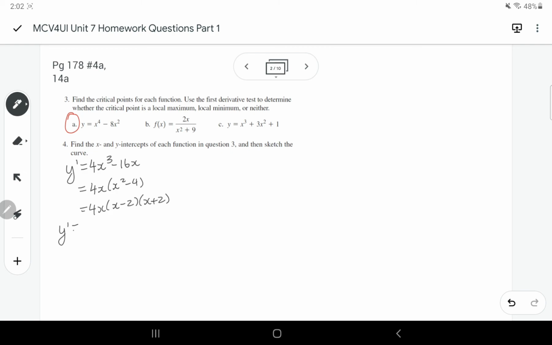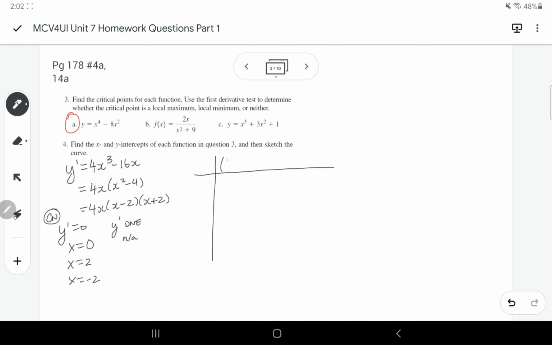So the critical numbers would be x equals 0, x equals 2, or x equals negative 2. And there's nowhere the derivative doesn't exist; there aren't any restrictions there. So I'm going to figure out intervals of increase and decrease here.